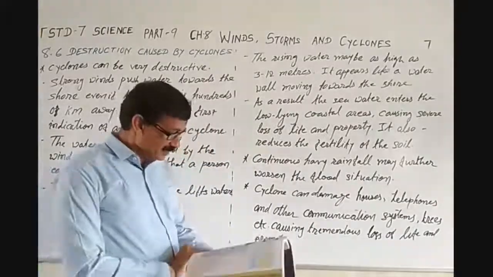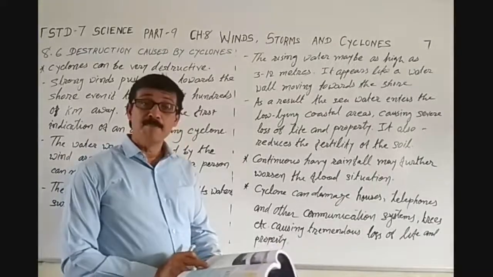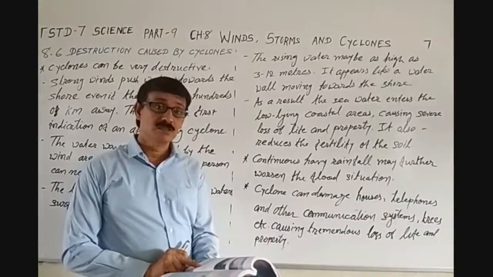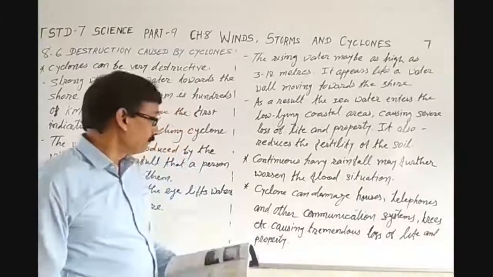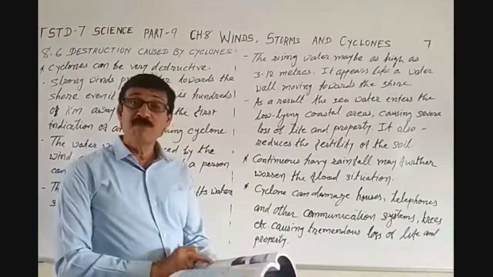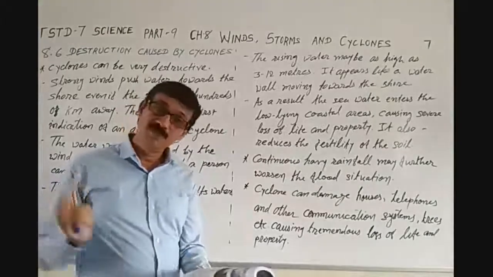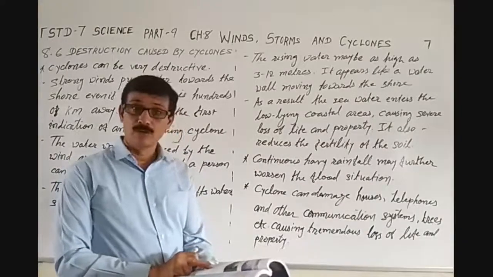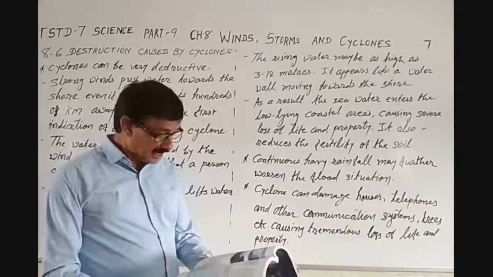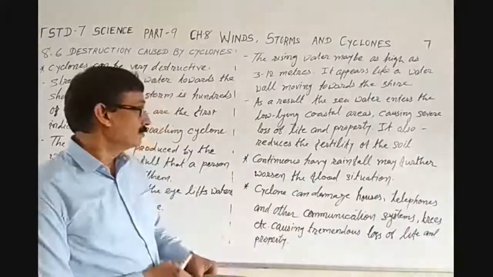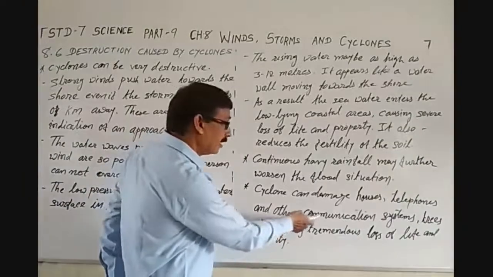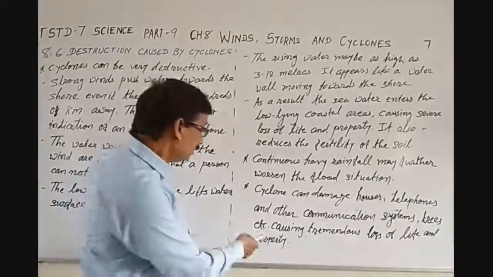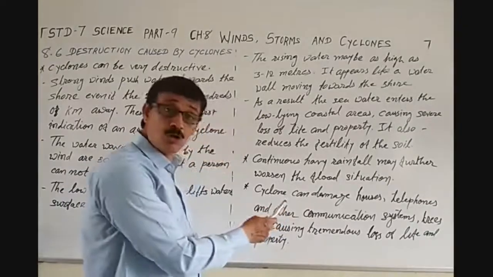High speed winds accompanying a cyclone can damage houses. See, high speed winds are there, accompanying a cyclone, can damage houses, telephones and other communication systems, trees also, isn't it?